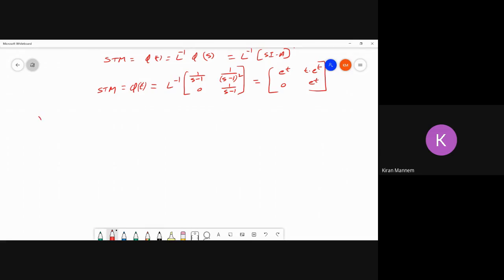This transfer function from the state model. So what is that?